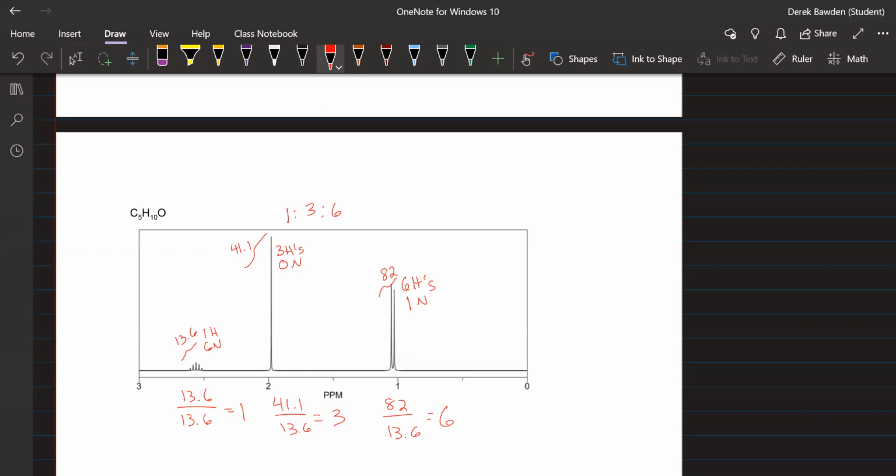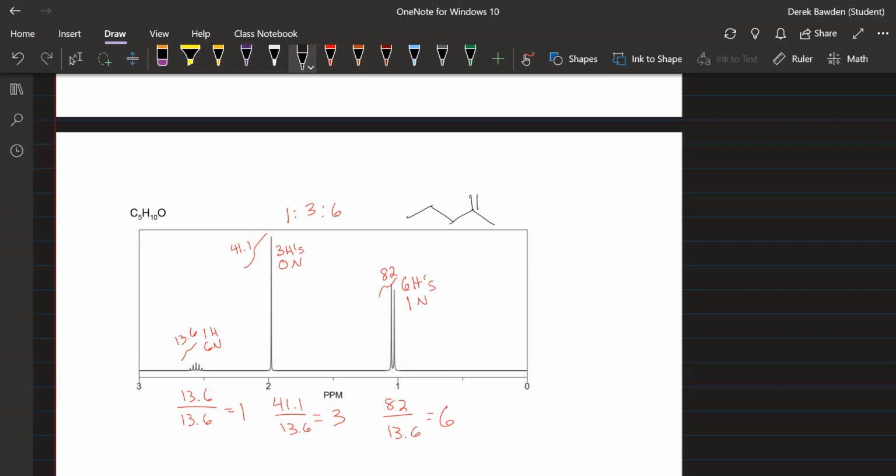Okay, so let's start with our carbon chain. I just like to start off with a 5 carbon chain. So there's our 5 carbon chain. We have an oxygen. I'm going to try a ketone.